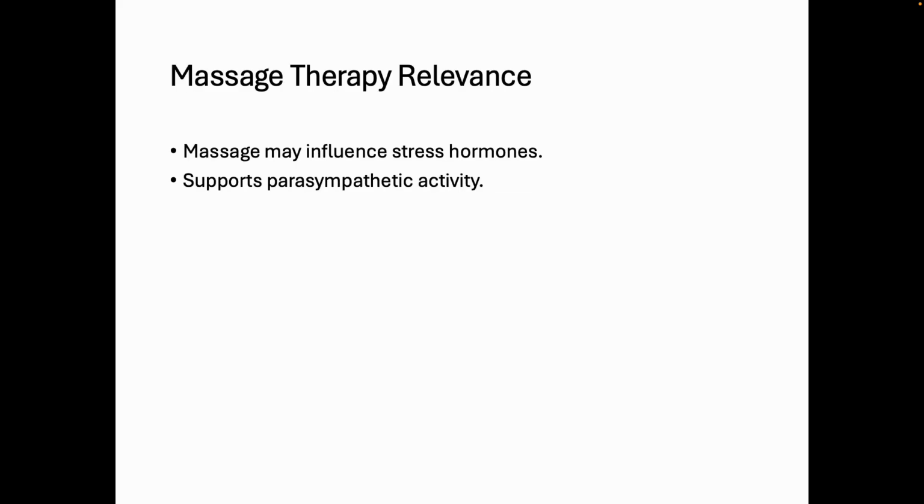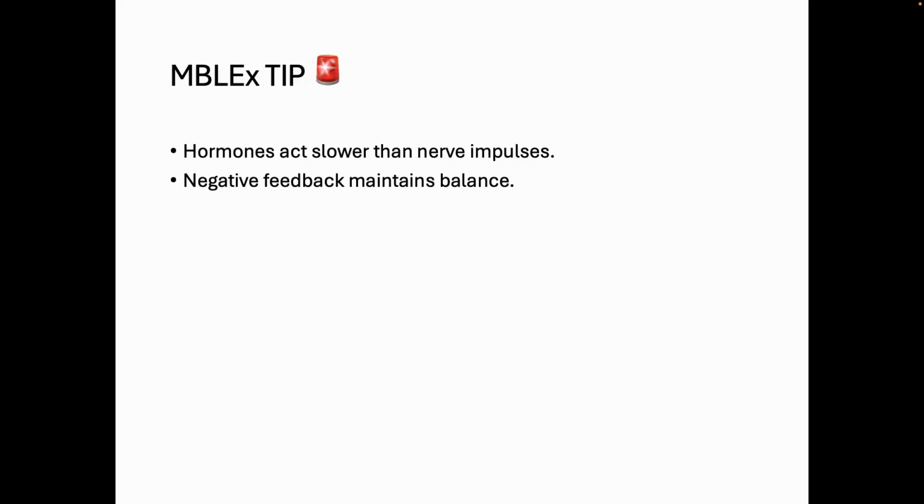The relevance for massage: we may influence stress hormones, and we can support your parasympathetic activity. Tip: don't forget, hormones act slower than nerves. And the negative feedback maintains homeostasis in the body.